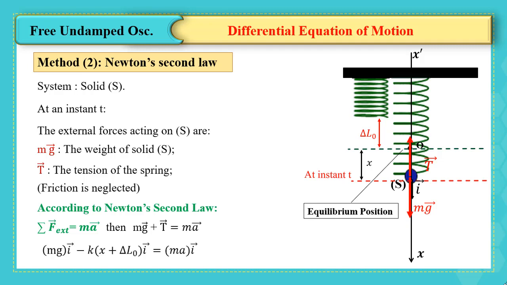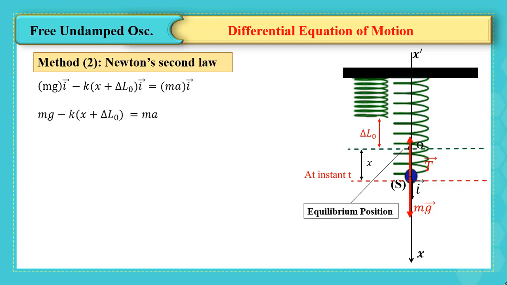Projecting it along i and writing the tension by its expression minus k into x plus delta L0, we can find that mg minus k into x plus delta L0 equals ma. Then we expand k into x plus delta L0 and replace delta L0 by mg over k.